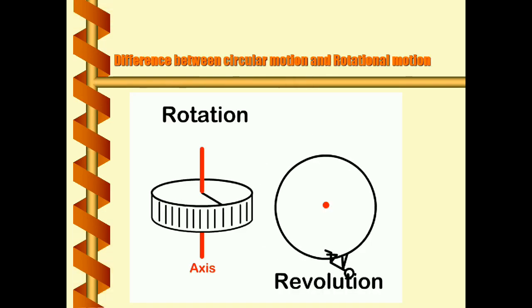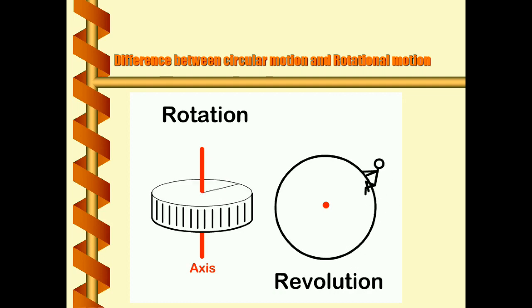As we already discussed, circular motion is nothing but motion of an object along the circumference of a circle.